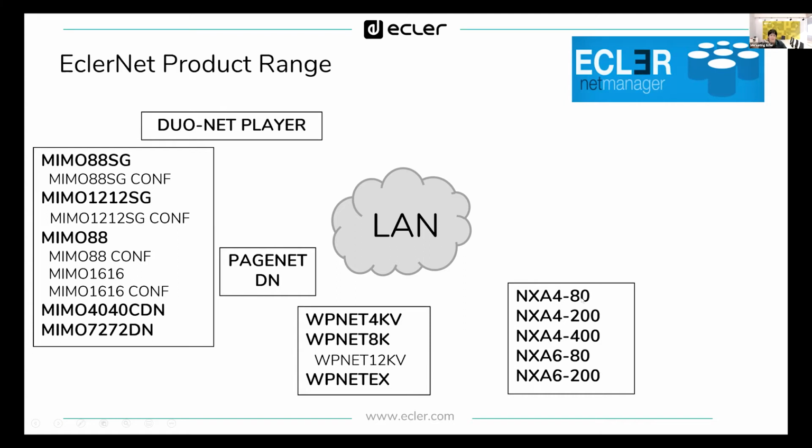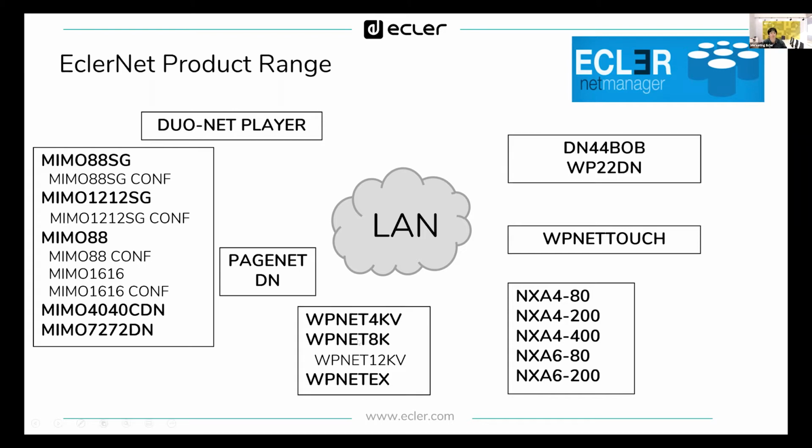The other ones are just different powers. We have WPNet Touch, which is our screen for controlling. We have 2 Dante interfaces, which are DN44 Bob, with 4 in, 4 out, and WP22DN, 2 in, 2 out, okay.